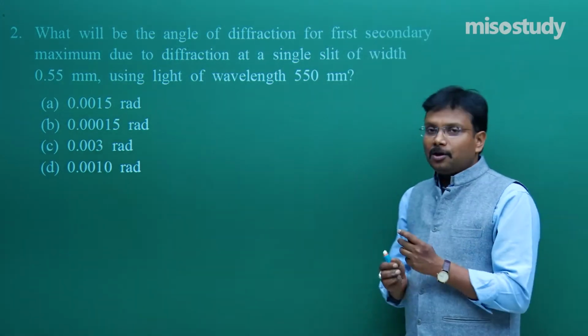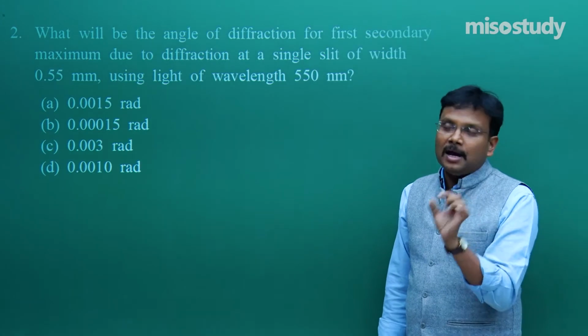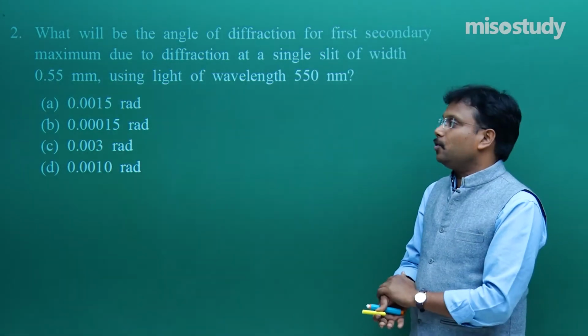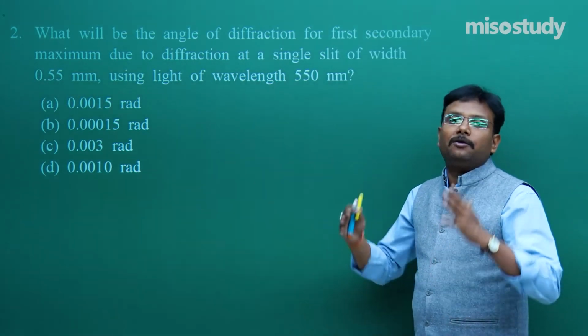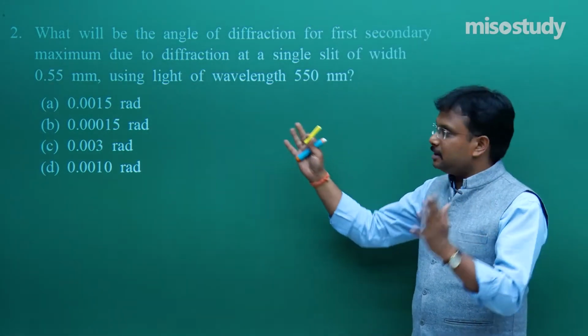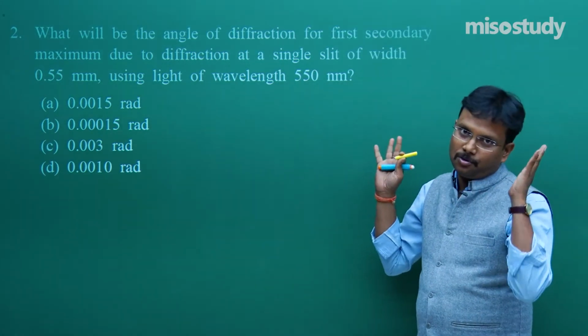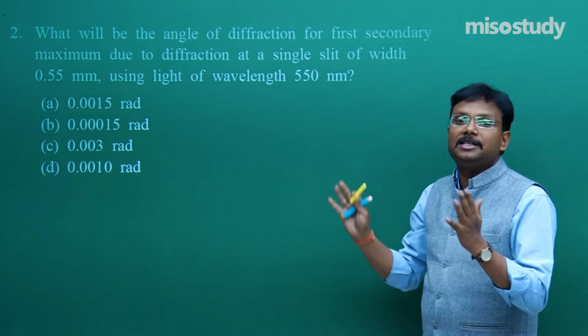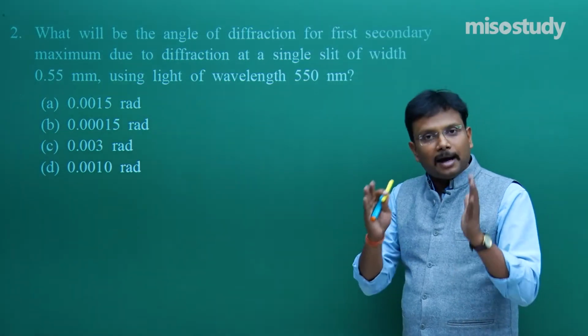So, first thing required is the formula. Fine. And if you are regularly watching our theory videos, you can find that very properly in a simple manner I always explain these types of important concepts. So, if you are regular with the videos, obviously you will find these types of questions interesting and easy.